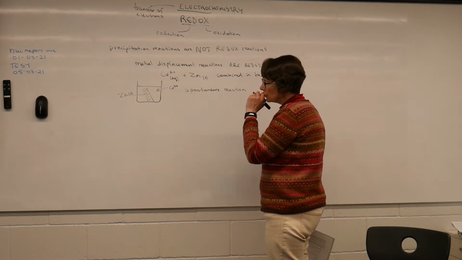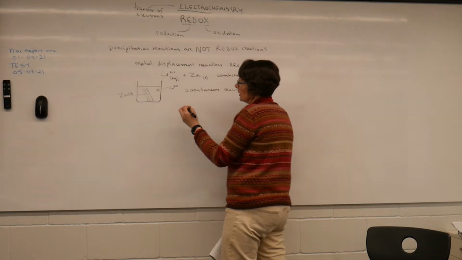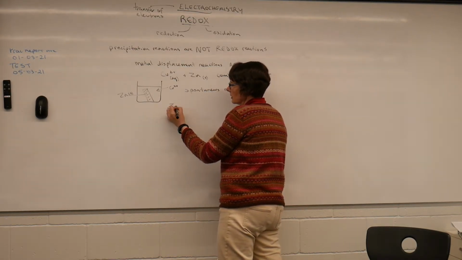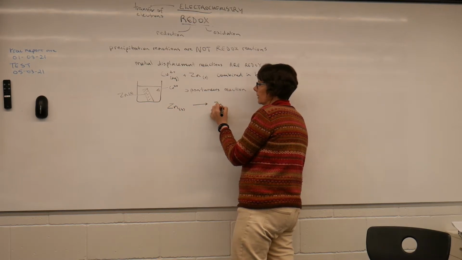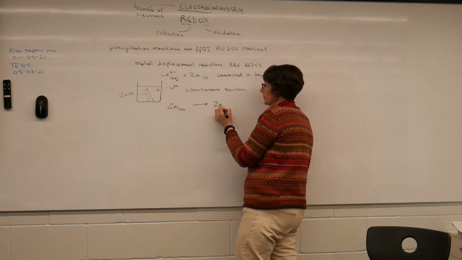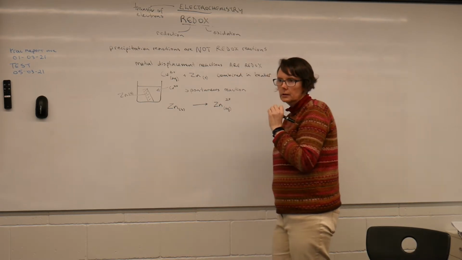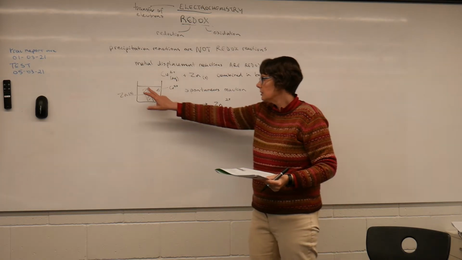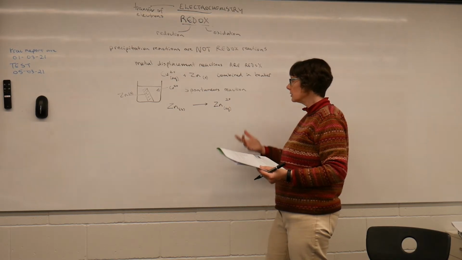And the reaction that's going to happen by itself is that zinc will dissolve. Okay, so the zinc that is solid here, we're going to end up with zinc ions in solution.